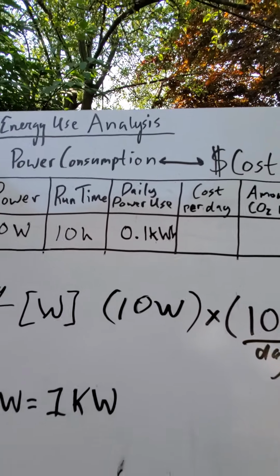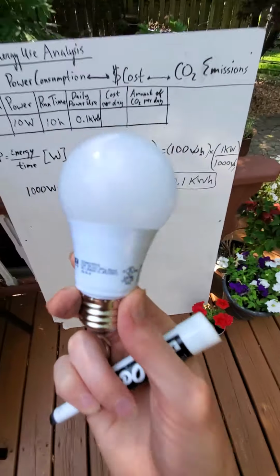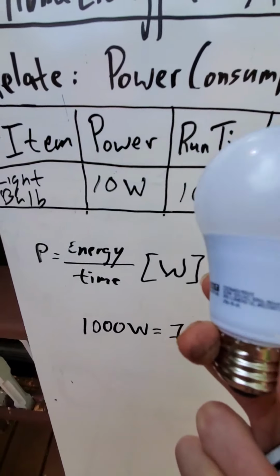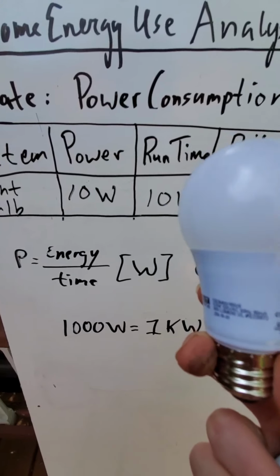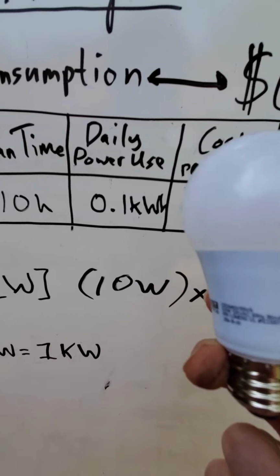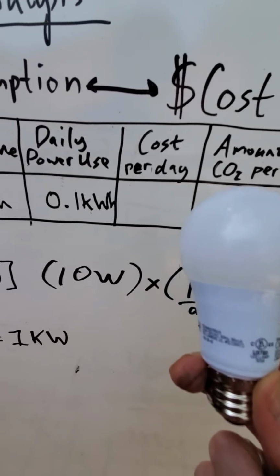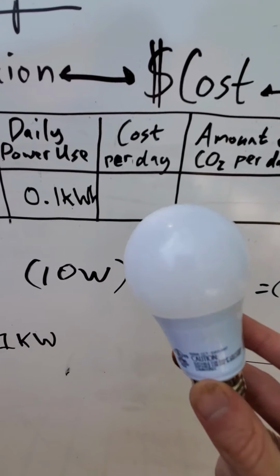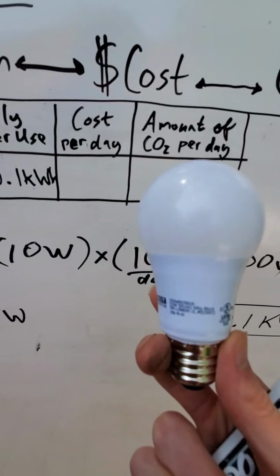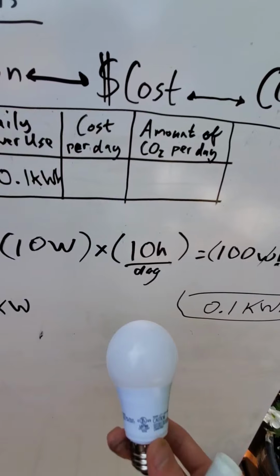All right. So far, we have considered that we need to put energy into this bulb to light it up. It needs at least 10 watts to power it, and we're going to run it for 10 hours in a day, which will use 0.1 kilowatt hours per day. So now that we know how much power this bulb will use in a day, let's calculate the cost to run this bulb for 10 hours.